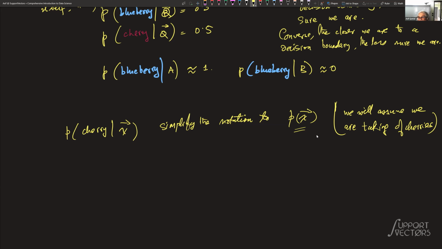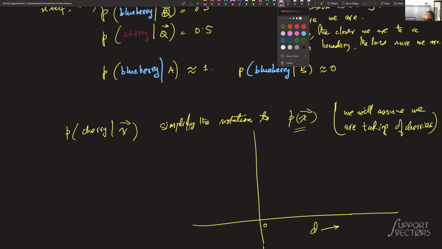So now let's think about it in terms of one graph in our mind. This is 0. This is D. D is distance from the decision boundary, right? This is the probability P of a point, P of x.